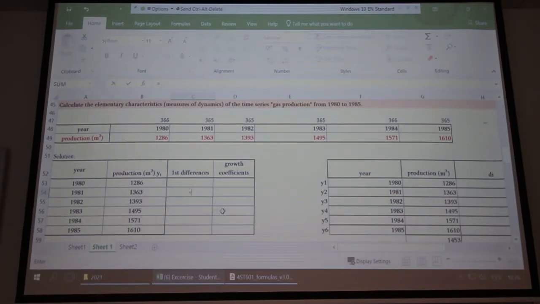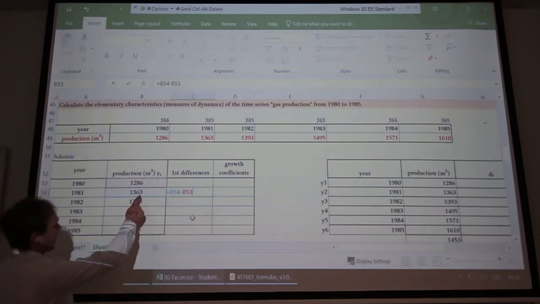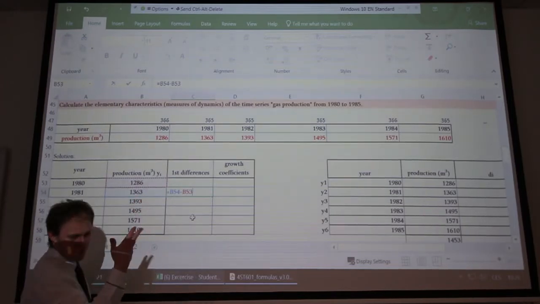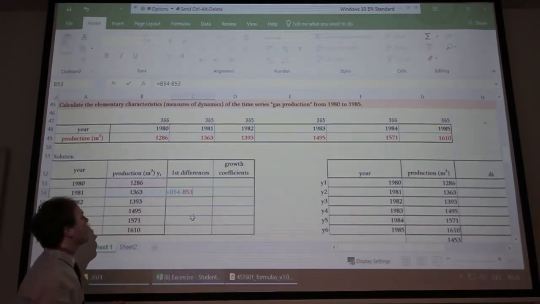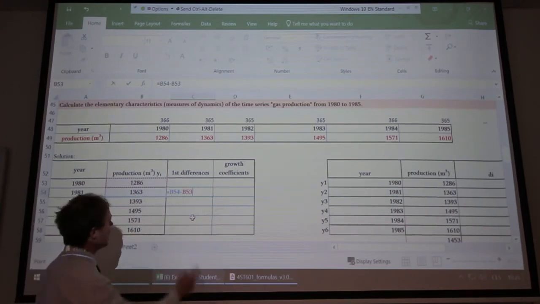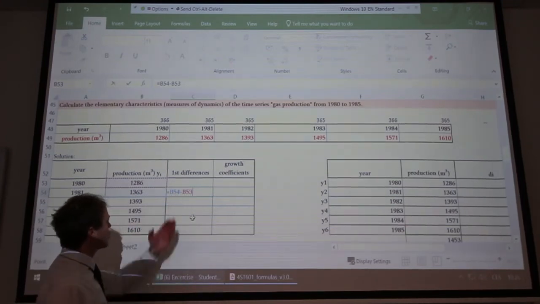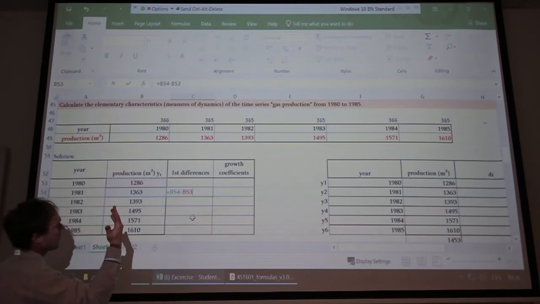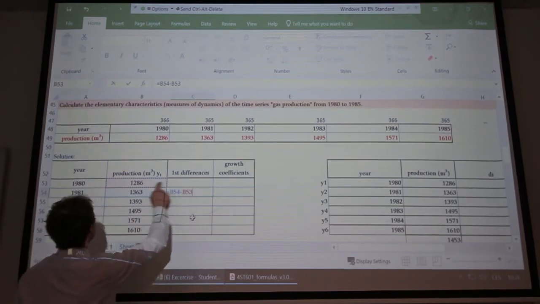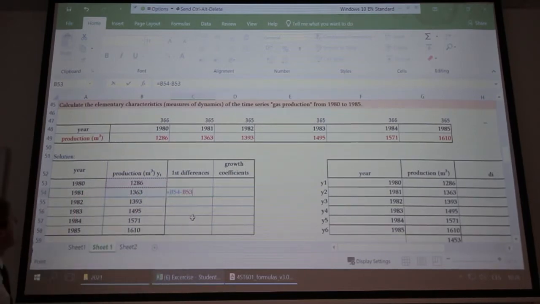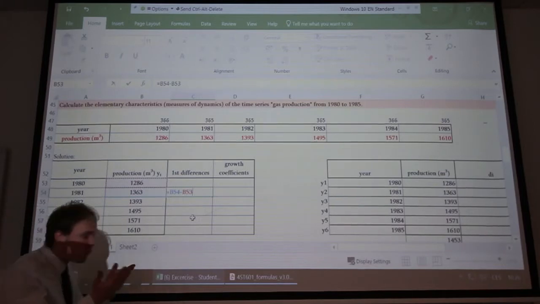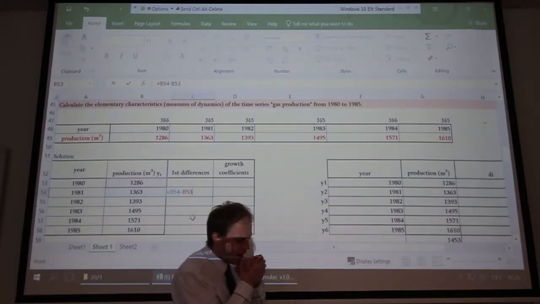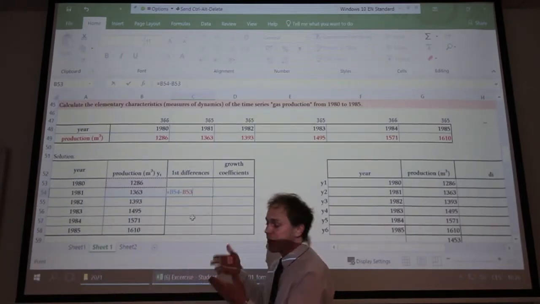So please write here an equal sign, and we will calculate this simple difference: value in time t minus value in time t minus 1. We must start with the calculation here, because when I start on the position of year 1980, I don't have an observation for year 1979.